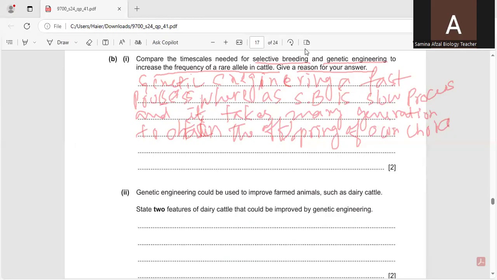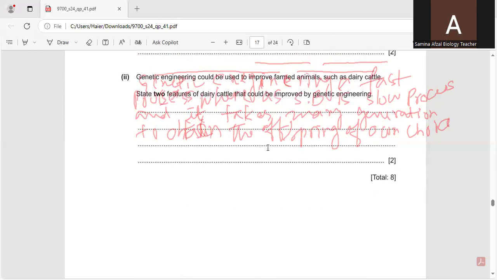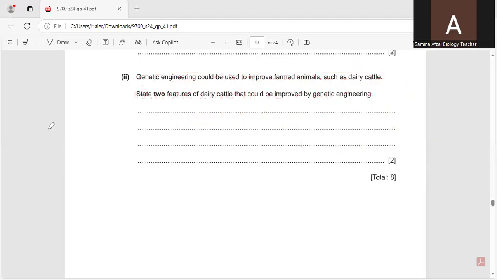Now the next question is, genetic engineering could be used to improve farmed animals such as dairy cattle. State two features of dairy cattle that could be improved by genetic engineering.